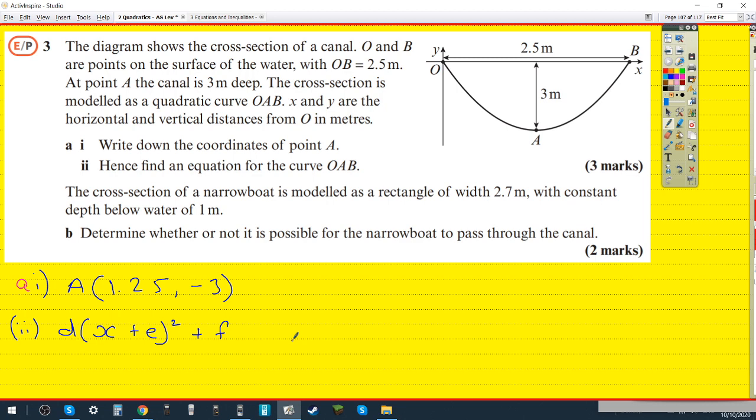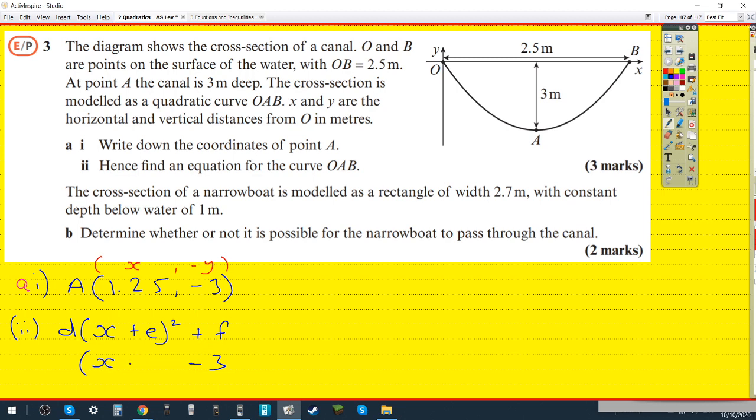Okay, so what is what? So the minimum is -3. So would that be E or D? -3 is the y. So that would be F. Correct. And 1.25 would be E. Correct.